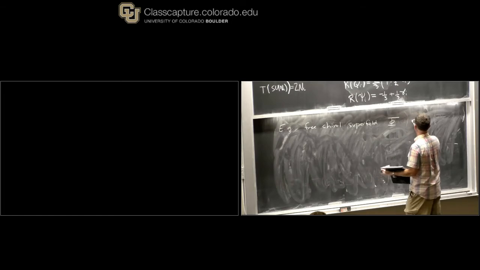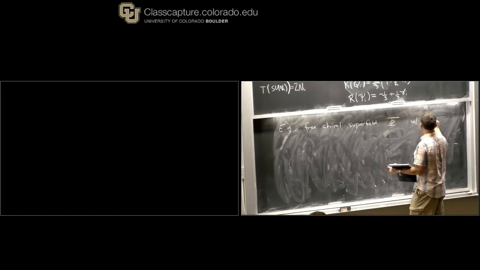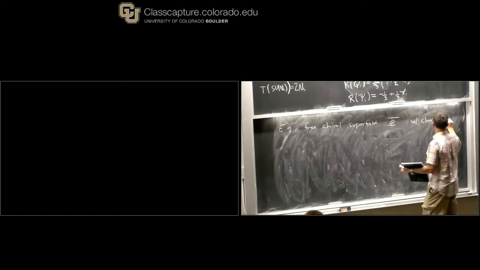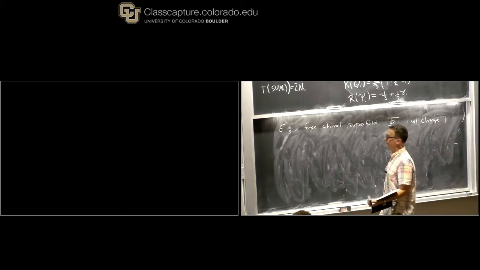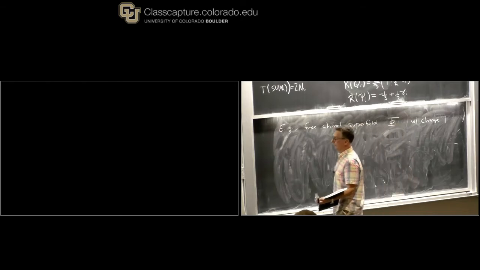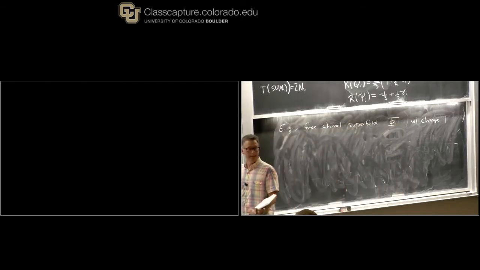So we'll assign it charge 1 under the flavor symmetry. Earlier, when we had the R symmetry, we could have written this equation as the theta theta component of X equals the theta theta component of S up to some factor. So is it the same factor that we are getting in this? It's the same factor.